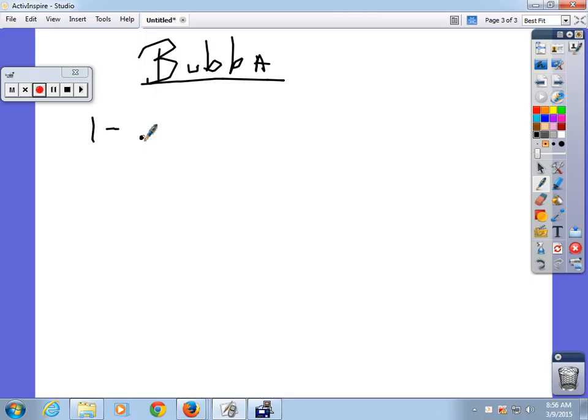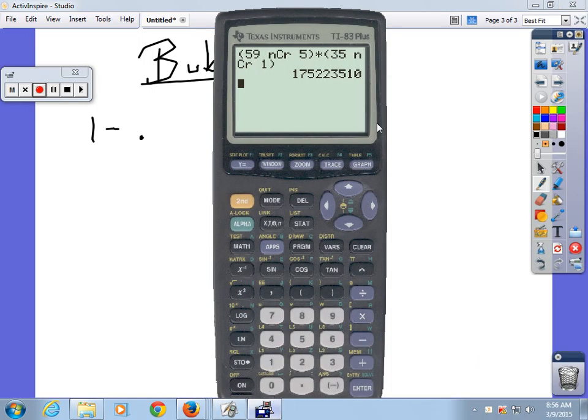One over 175 million. Well, it's not going to kill me. Does it take that long to put it in the calculator? Okay, I'll do it myself. 1 divided by 175 million.